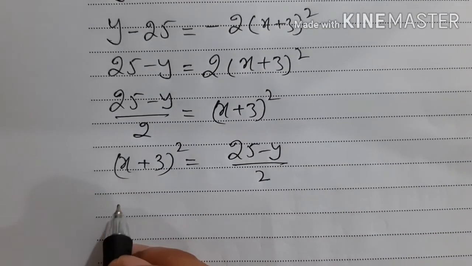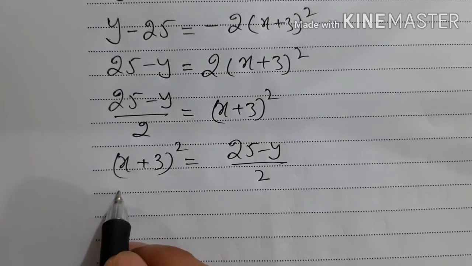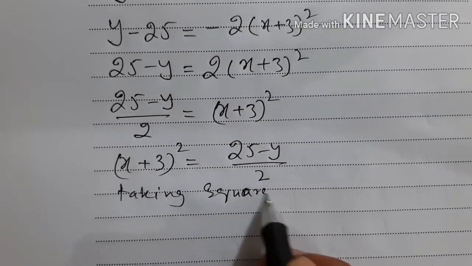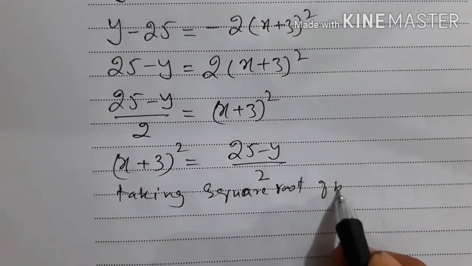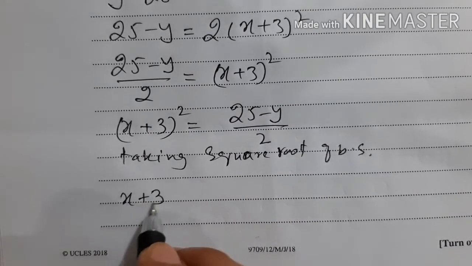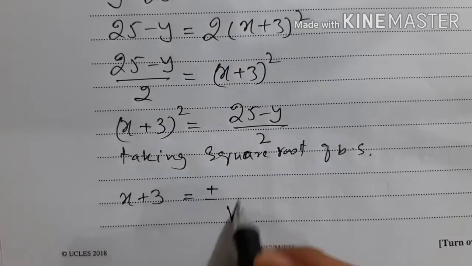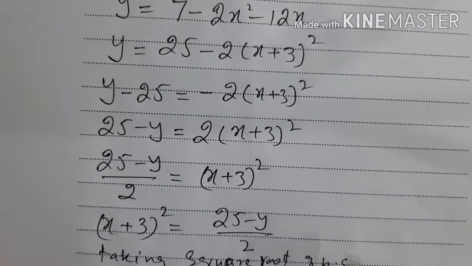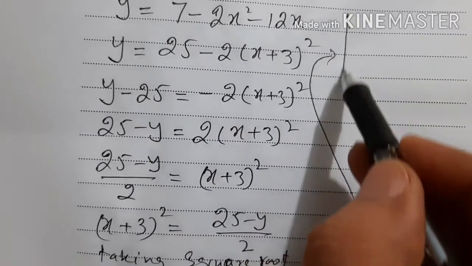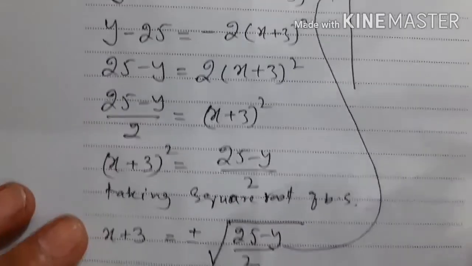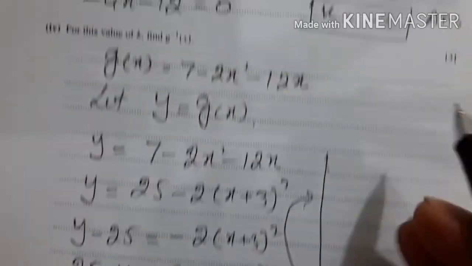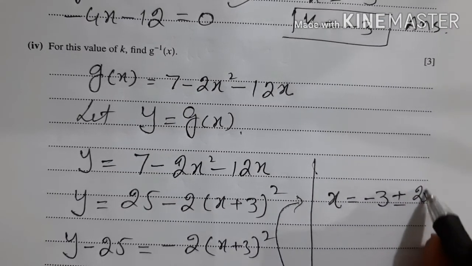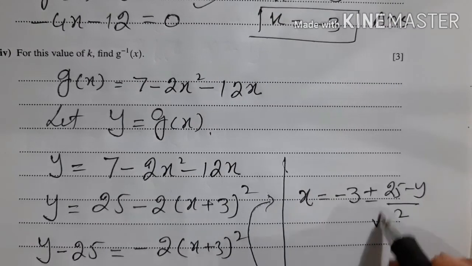So taking square root of both sides, this will become x plus 3 is equal to plus minus square root of 25 minus y over 2. So take this 3 to the right side as well. So it will become x is equal to minus 3 plus minus the square root of 25 minus y over 2.